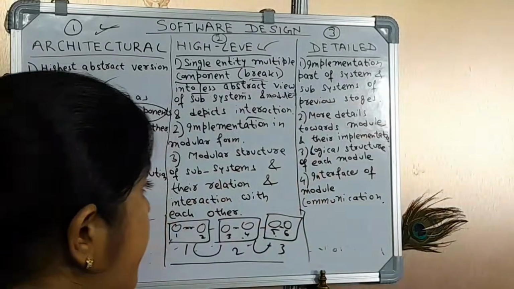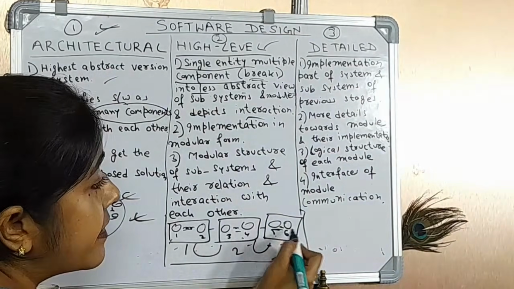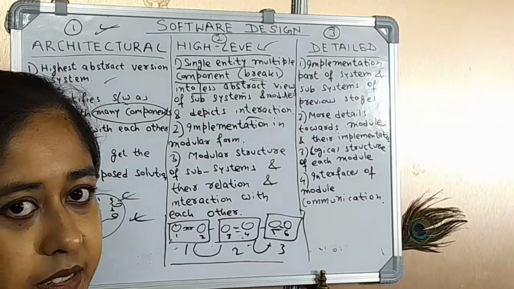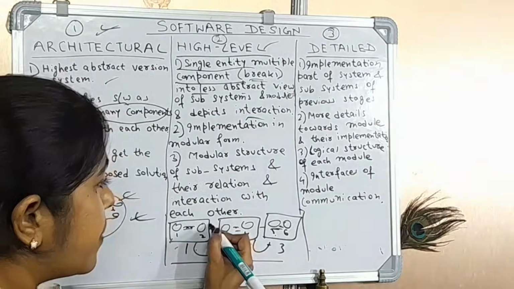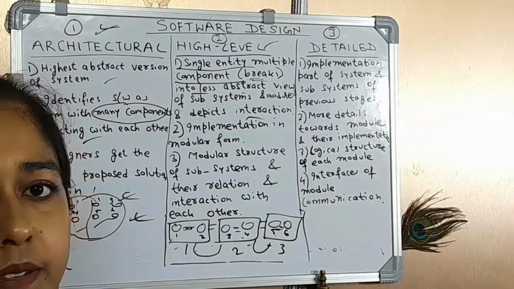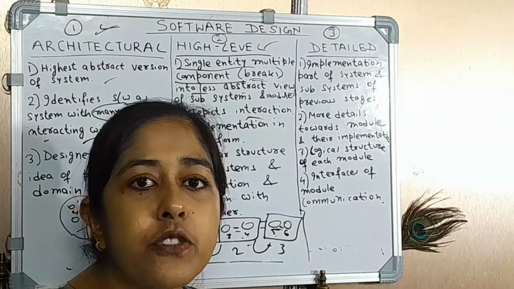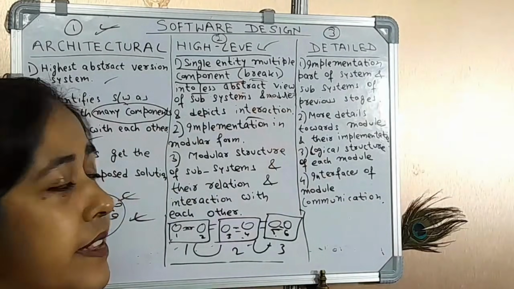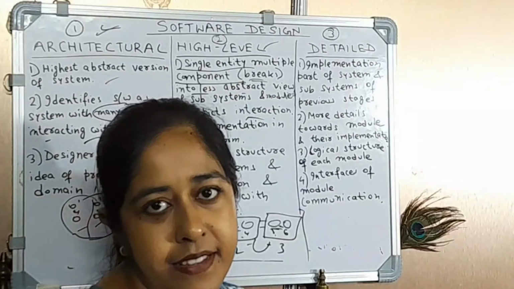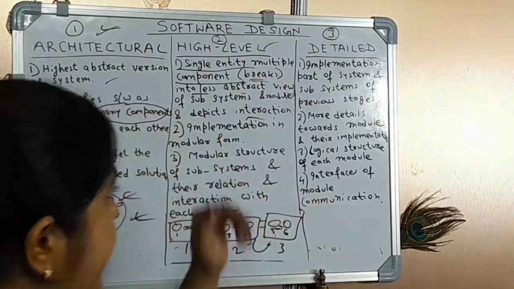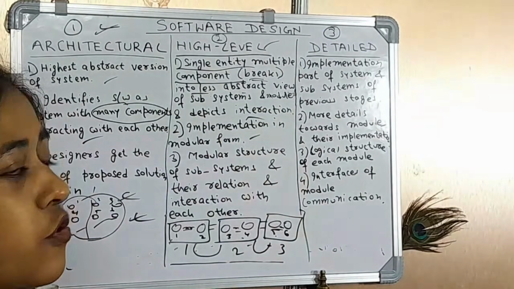But the main thing here is their interaction and communication with each other, and the communication between the subsystems as well. To deal with those things, we have this high-level design. Clear? The second thing: implementation in modular form.